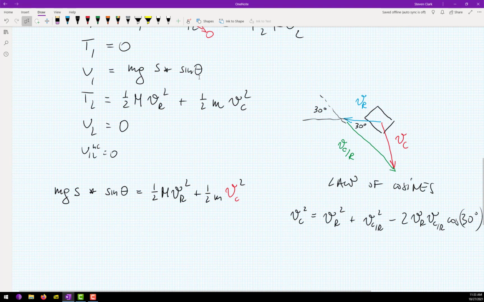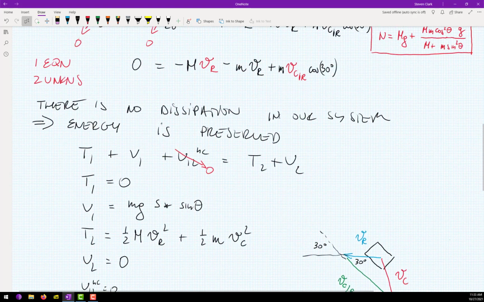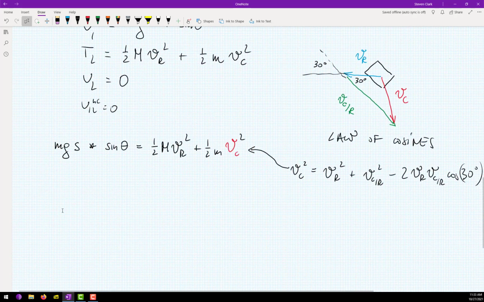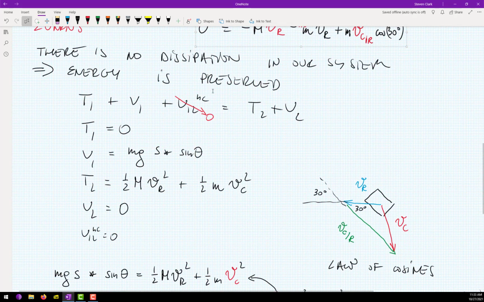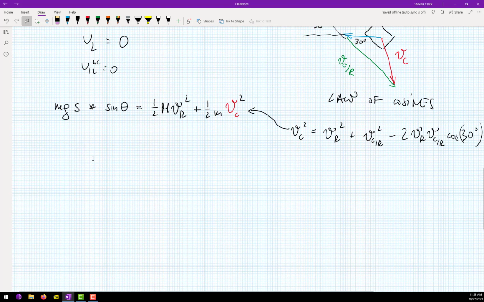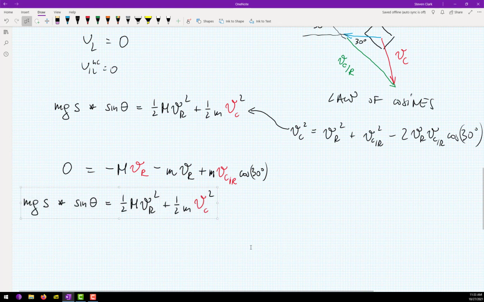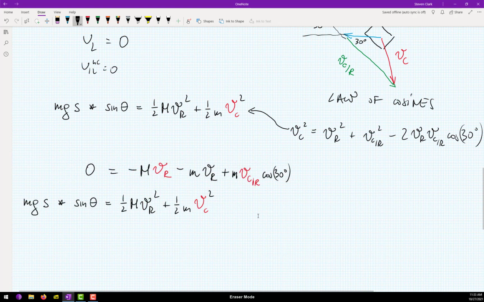Okay, thank you guys. So now let's plug this back in here, and we have 2 equations and 2 unknowns. I'm gonna steal this equation and replace this V_C squared with what we just obtained.